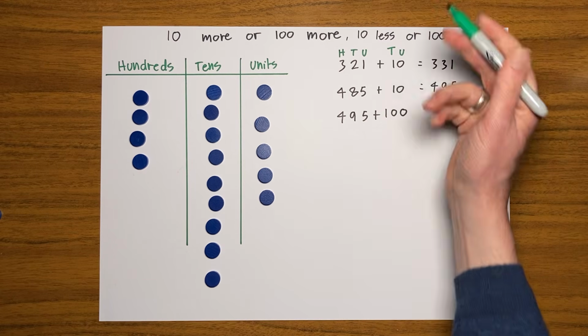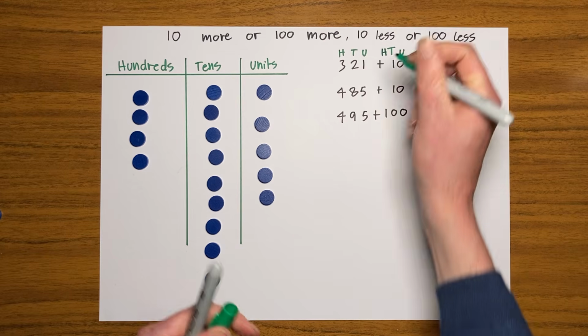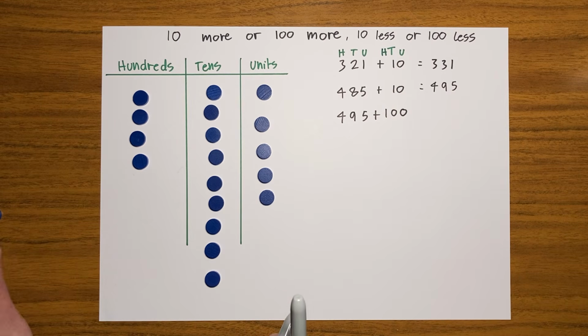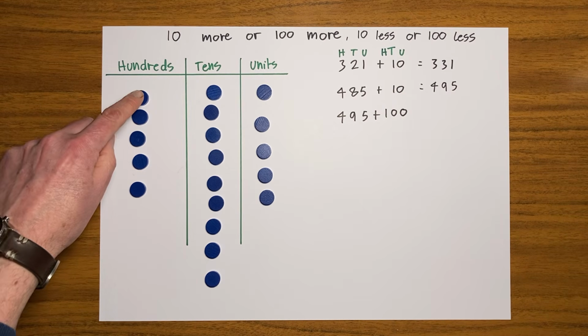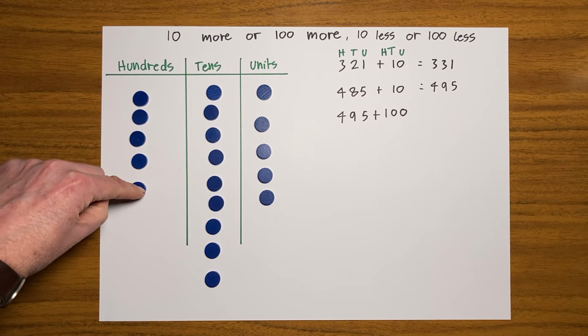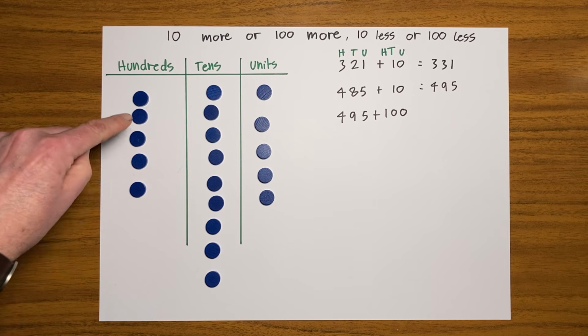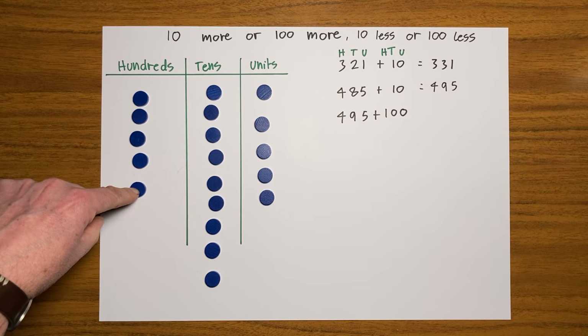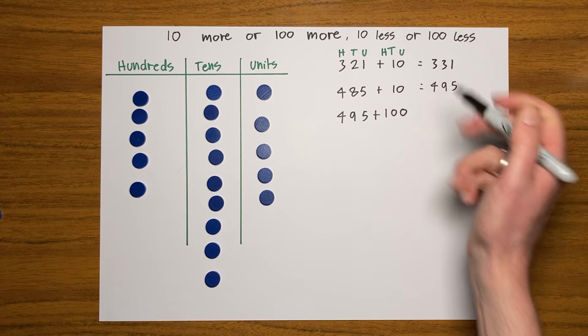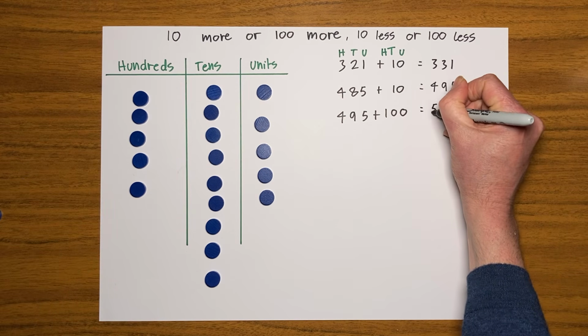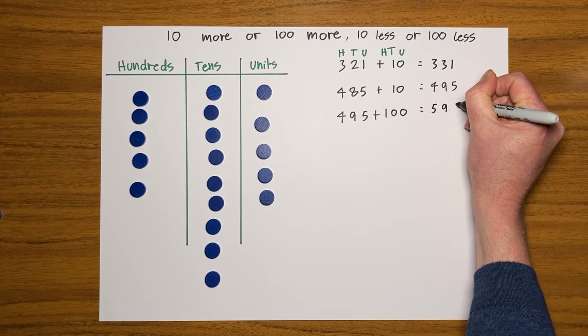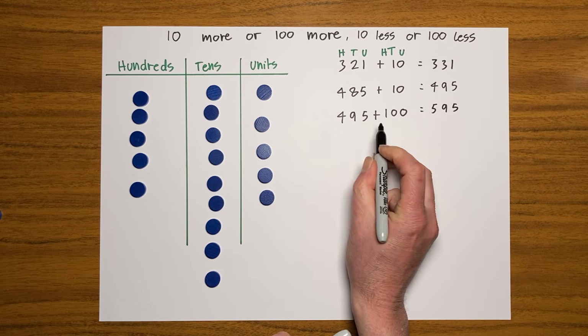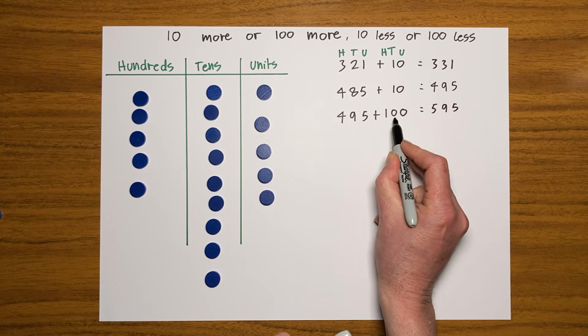I'm going to put a little 100 at the top here. So I add 100 to the hundreds column, and now I've got 100, 200, 300, 400, 500. And 95. And notice how these digits in the tens column and the units column, they didn't change because I didn't actually add anything to them.